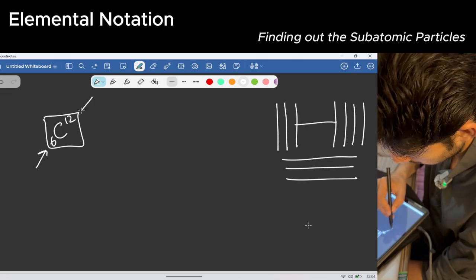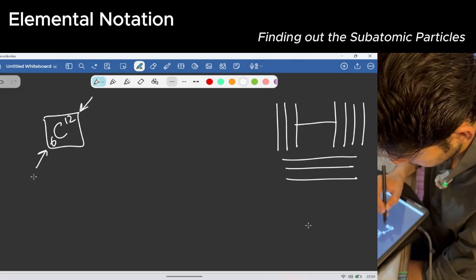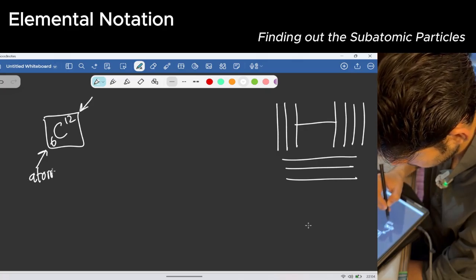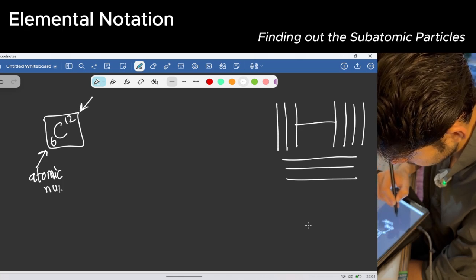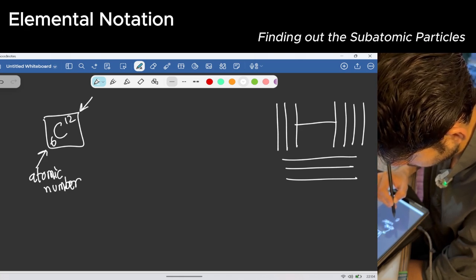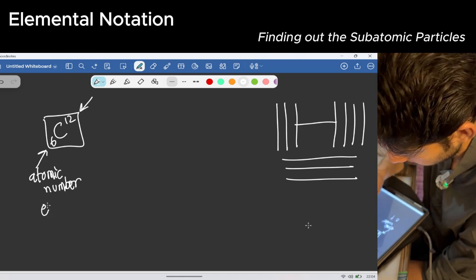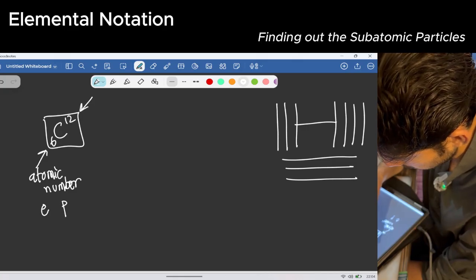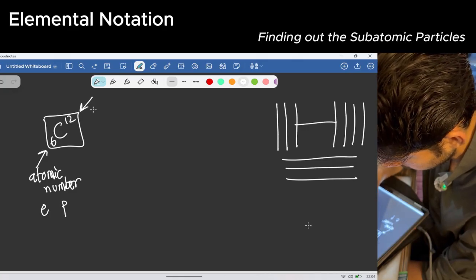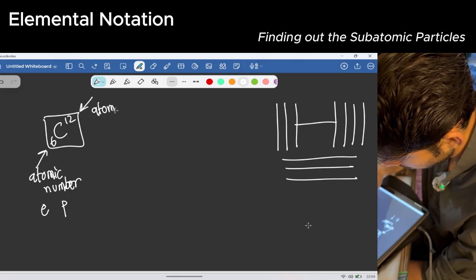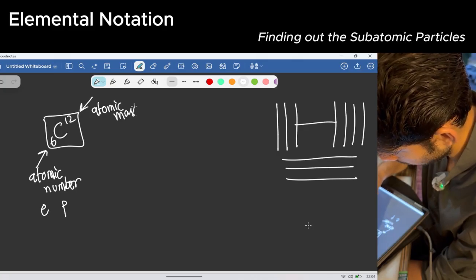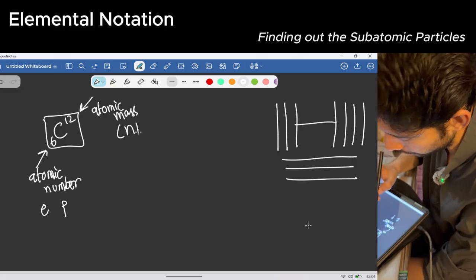The small number is your atomic number. It basically lets you know the total quantity of electrons or the total quantity of protons. Whereas the big number is your atomic mass, which lets you know the sum of neutrons plus protons.